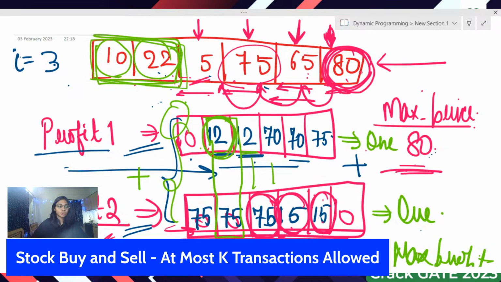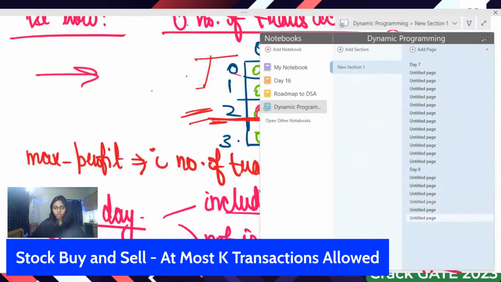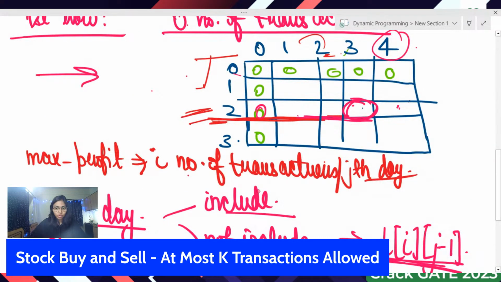All right. So basically what we were doing is considering that I sold my stock at 80, and then finding at which point I should buy my stock so that my profit will be maximum. So here you know that you have sold your stock on this day, and now you are finding out on which of the previous days you should have bought your stock so that your profit can be maximum, right?